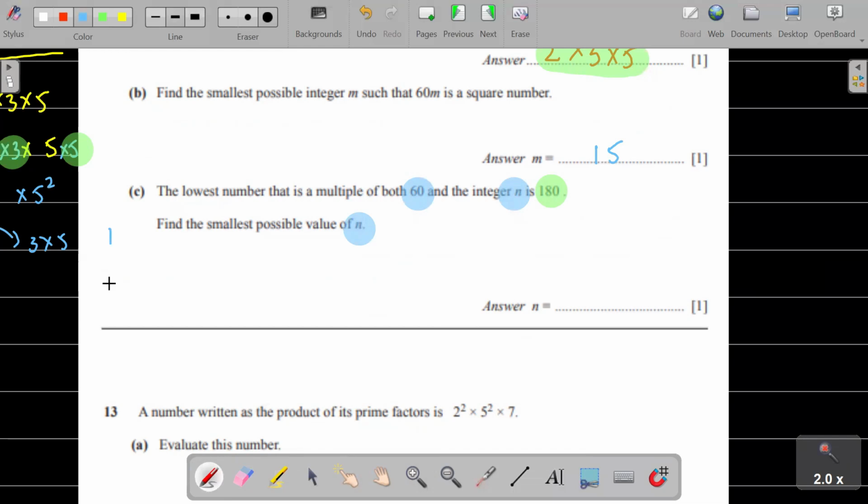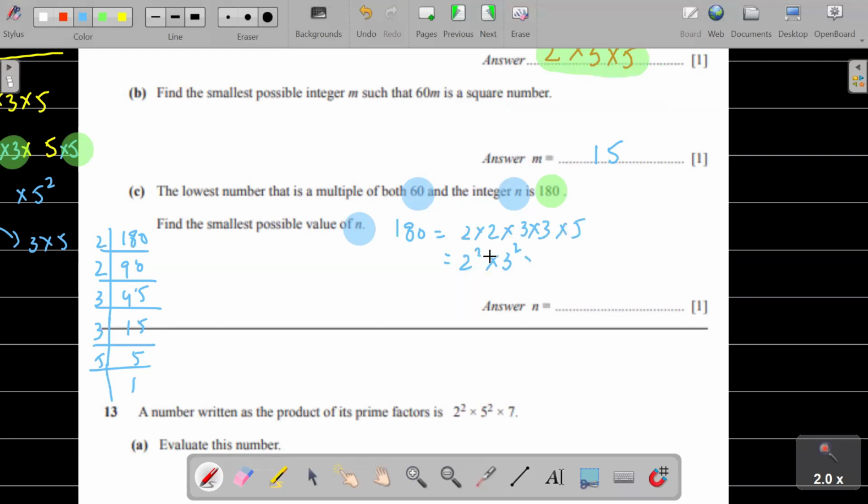First, I'm going to resolve 180 into its prime factors. 180 is 2 times 2 times 3 times 3 times 5, that is 2 squared times 3 squared times 5. These are the prime factors of 180.